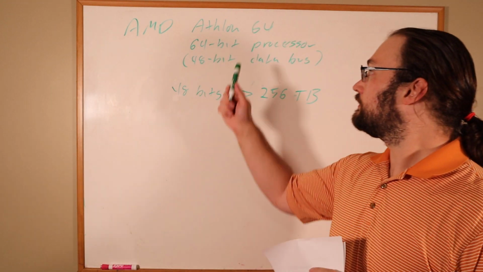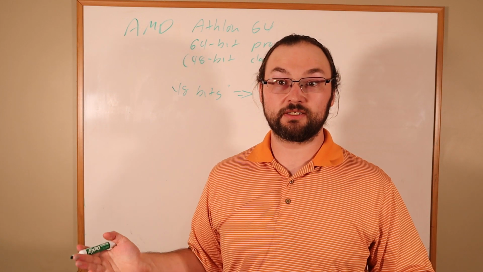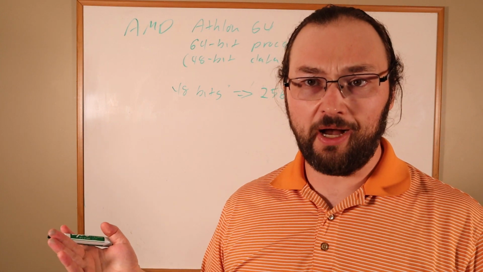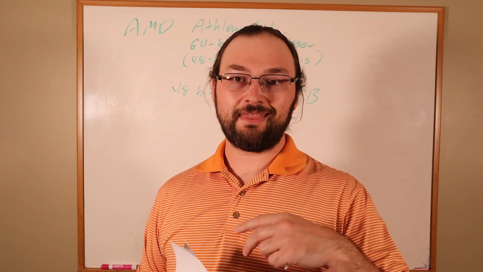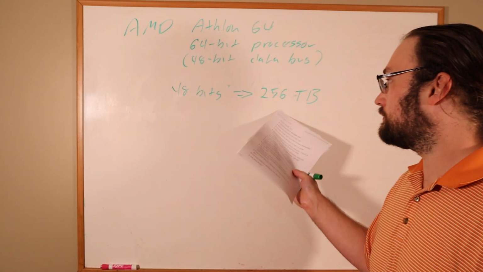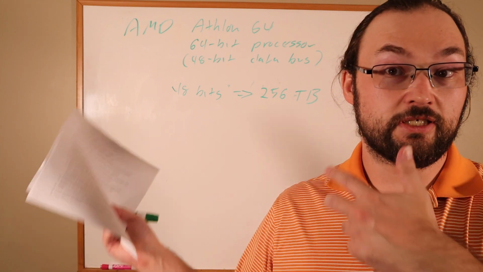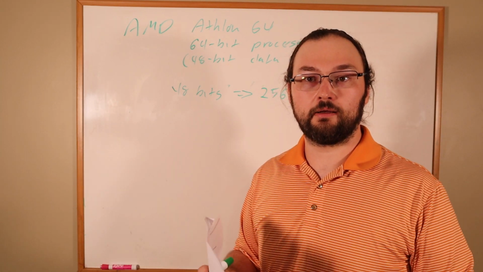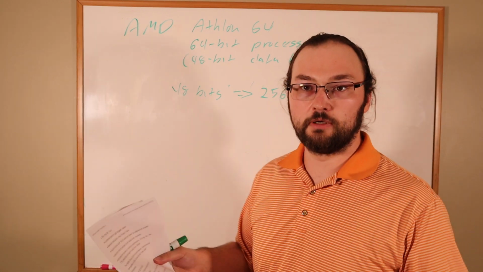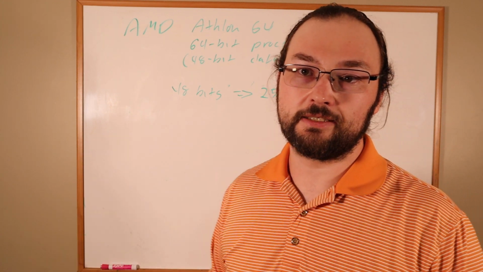An Athlon 64 processor in hardware, because of the wires, can't possibly have more than 256 terabytes of RAM. You couldn't have bought that much RAM anyway. How many people in this class do you think have a machine where not being able to have more than 256 terabytes is a problem? Maybe someone's worked at some big server cluster situation, but for most people, 256 terabytes is still fine.